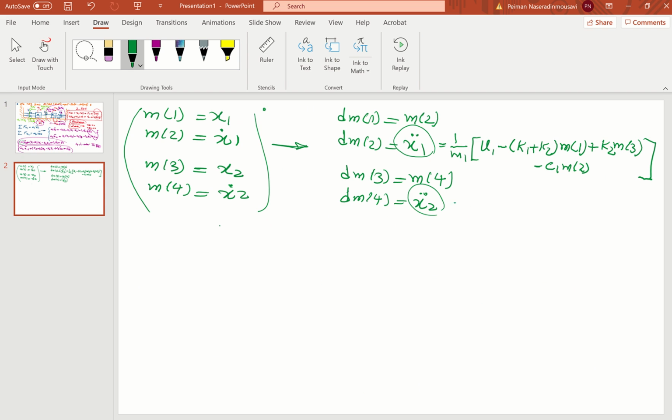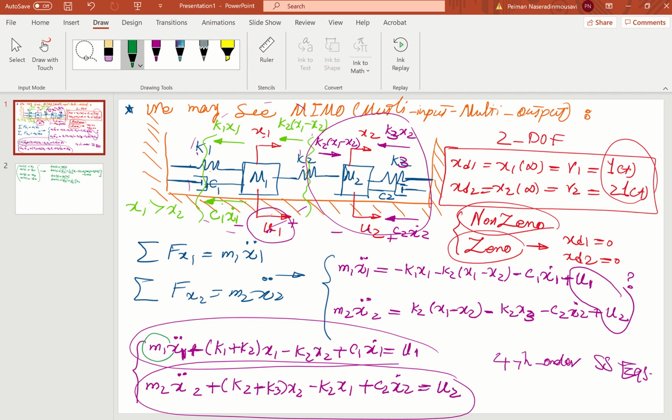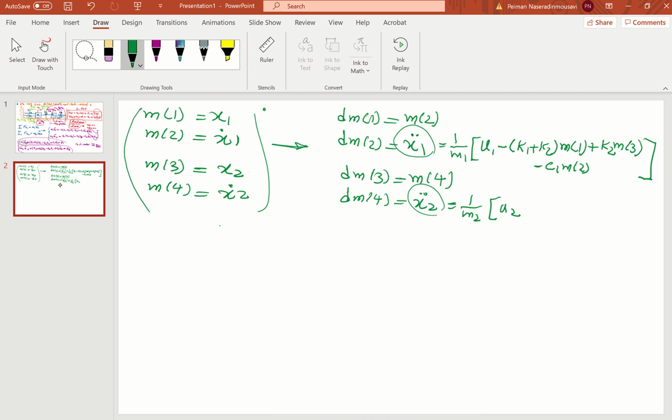That's right. And exactly from here the same, 1 over m2 u2. Look at here, u2 divided by m2 minus k2 plus k3 x2. x2 is m3. Here we go.